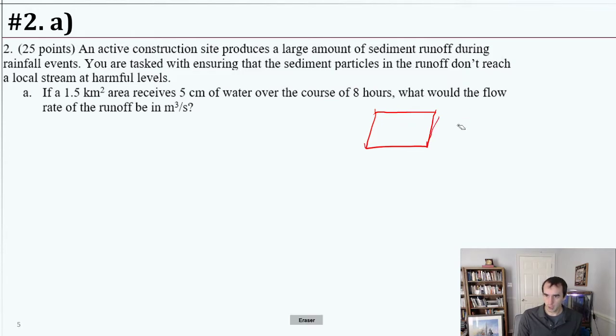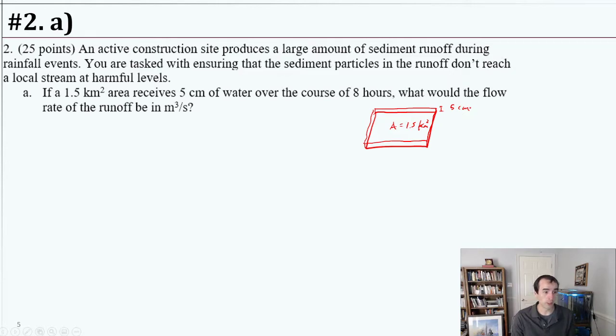And so you might have conceptualized this as a drawing of a small rectangular box, where you have an area of 1.5 kilometers squared and a height of 5 centimeters.